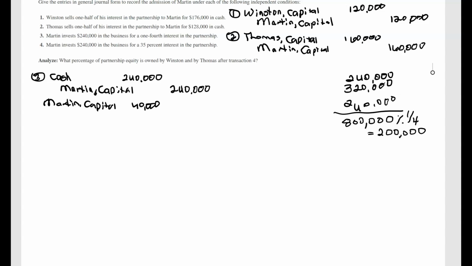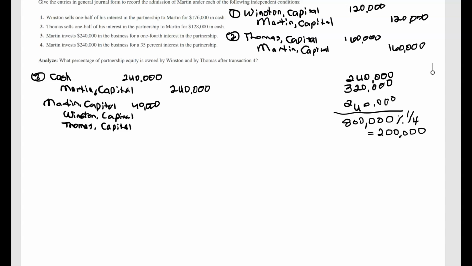Okay, we have Winston capital, and we have Thomas capital. Now remember, it's not 20,000 and 20,000, because it is split 55% and 45%.